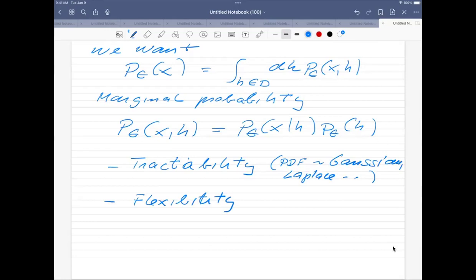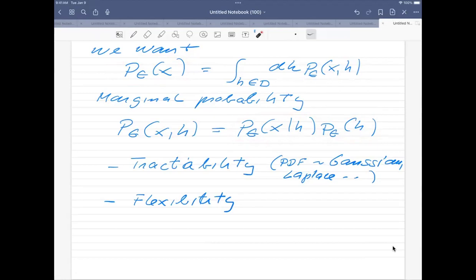Now, as you have seen from the previous discussions, to find this quantity essentially means that we would have a model, or somebody has given us this probability distribution, the likelihood of finding x given h, and then we would also have to know the probability of finding h, which is again the marginal probability for that specific quantity.